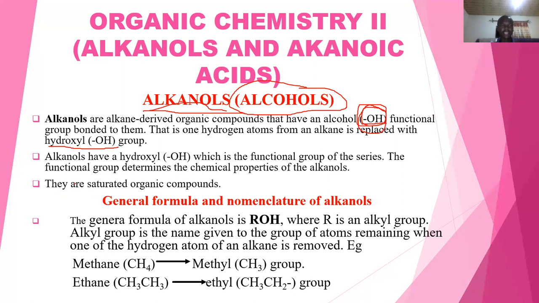We also say that the alkanols are saturated hydrocarbons. What did we say about the saturated hydrocarbons? A saturated hydrocarbon is a hydrocarbon in which the carbon to carbon atoms are linked by a single covalent bond.